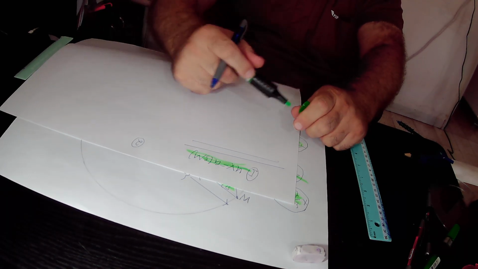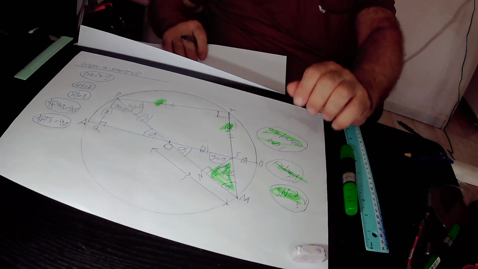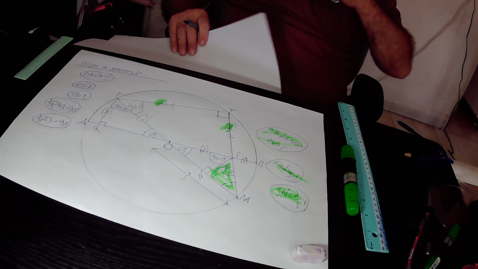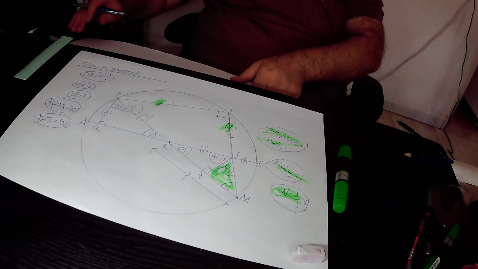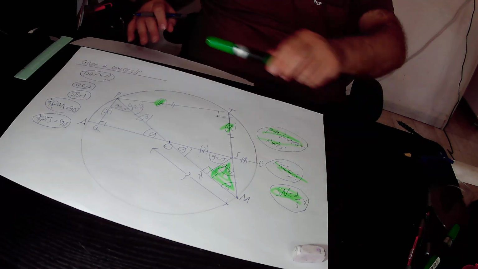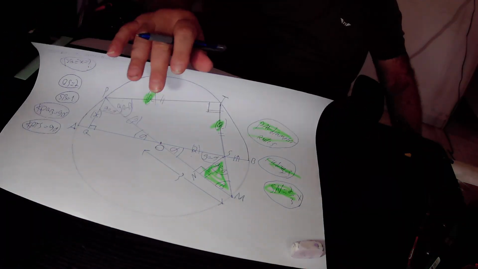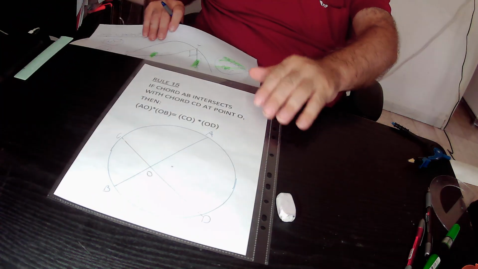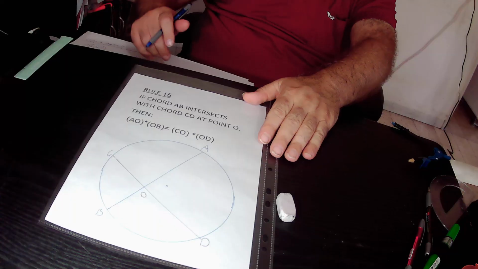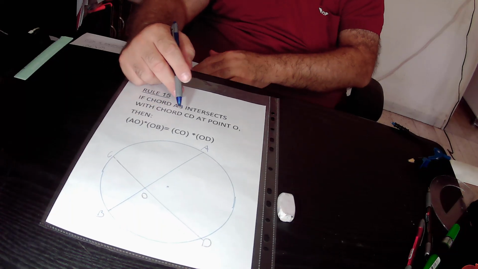In the next step, I repeat rule 15, and we'll implement rule 15 in our drawing. We have already talked about rule 15 in the previous lectures, so we'll do it quickly. According to rule 15, if chord AB intersects with chord CD at point O, then AO times OB equals CO times OD.